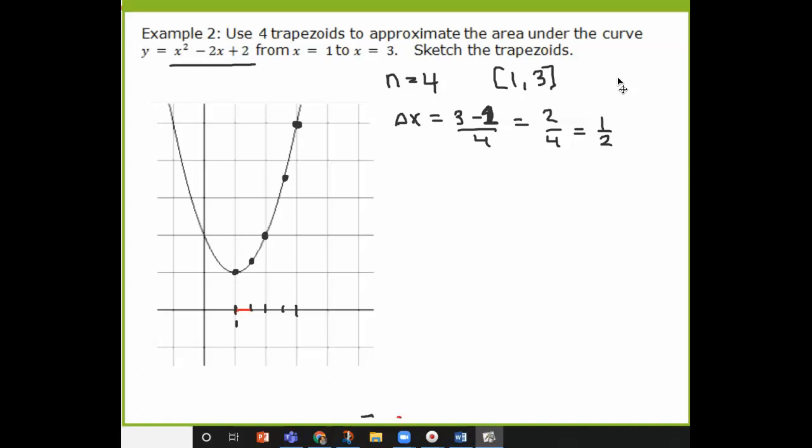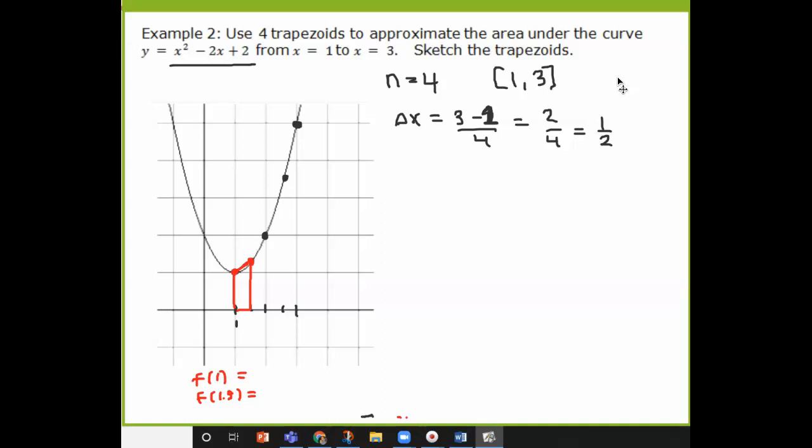So this point here would be my B1. This point here would be my B2. And there's my first trapezoid. So I'd need to know f of x at 1 and f of x at 1.5.